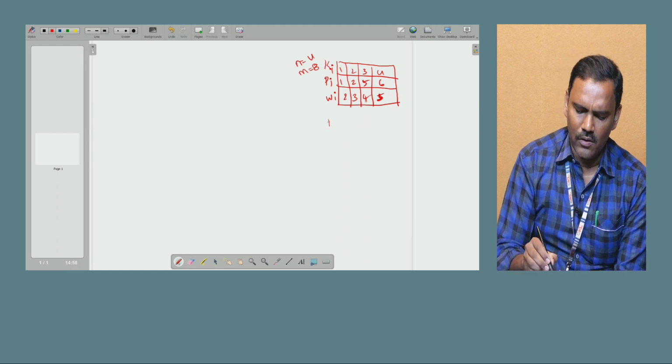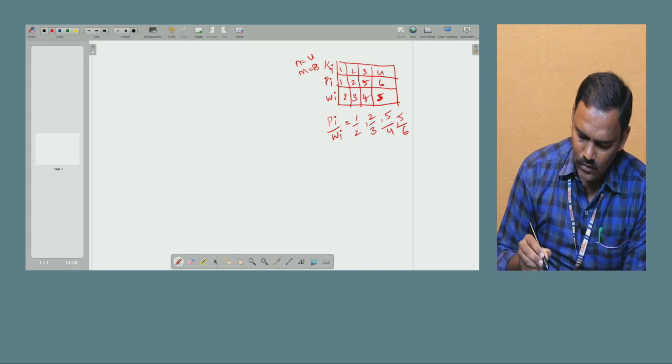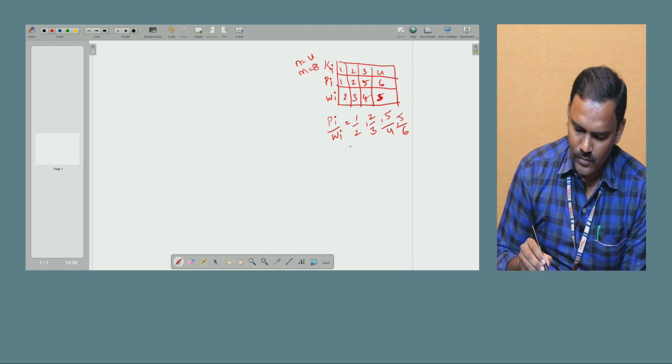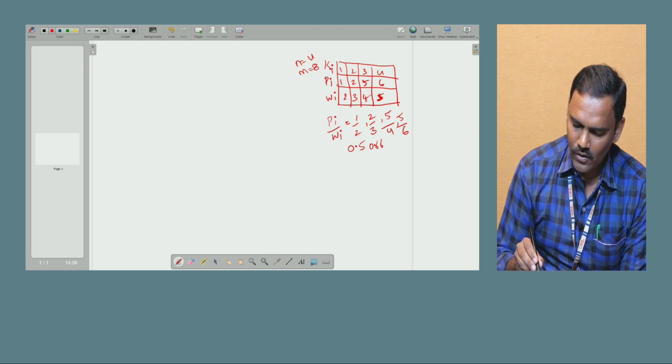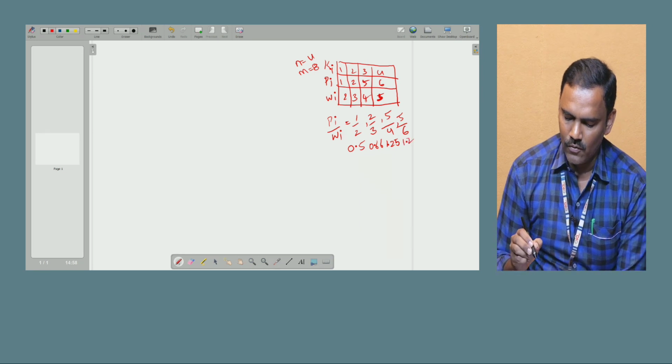Now I am taking p of I by w of I like that. Then we are going to get 1 by 2 for the first one, 2 by 3 for the second one, 5 by 4 for the third one, 5 by 6 for the fourth one. If you calculate this, you are going to get 0.5, for 2 by 3 it is 0.66, for 5 by 4 it is 0.25, and for 5 by 6 it is 1.2.